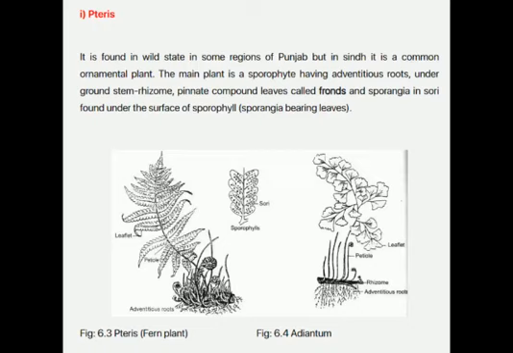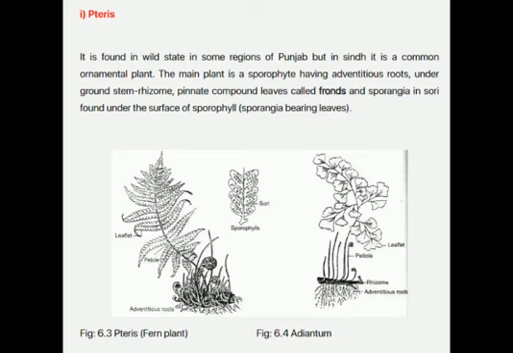The main plant is a sporophyte having adventitious roots, an underground stem rhizome, and pinnately compound leaves called fronds, and sporangia are present in sori, found under the surface of the fronds.